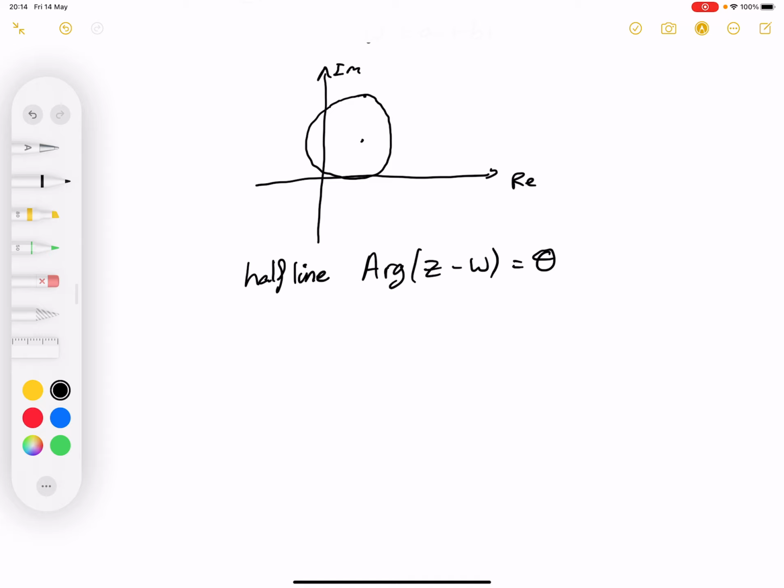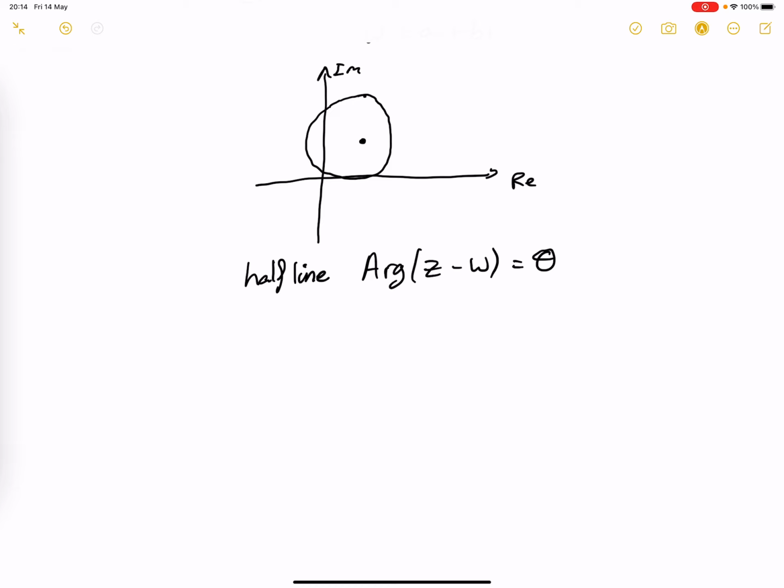So what this would be is a half line starting at w, at an angle of theta to the positive real axis. So here, that's the real axis, and this angle here is theta. And we draw it with an arrow. That's just how you draw a half line.